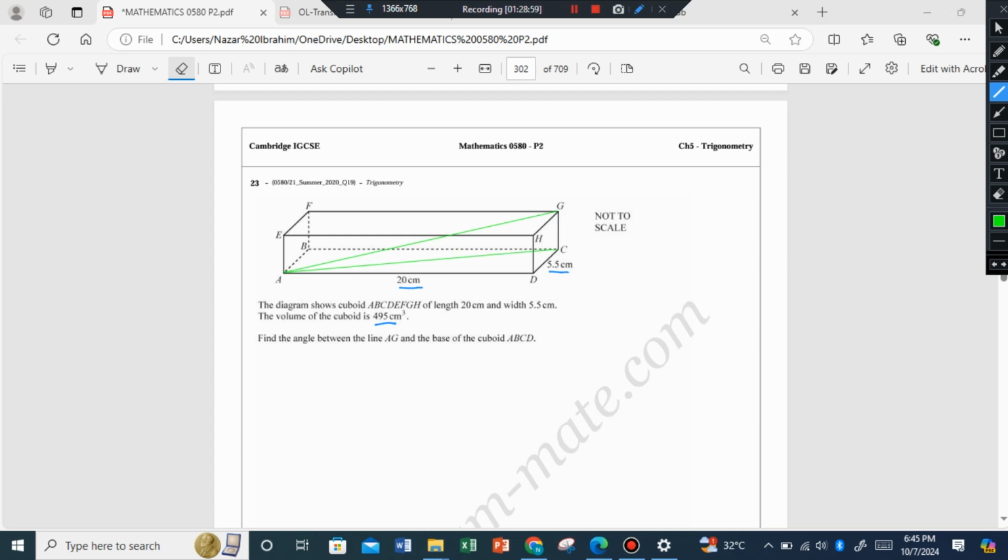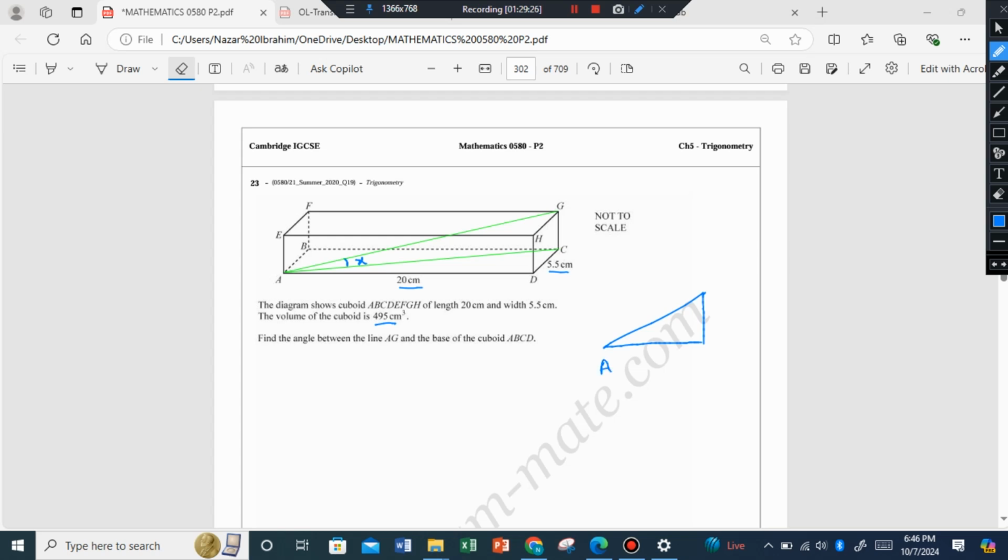So this is the triangle which we have to work upon. I have to calculate the angle between the line AG and the base of the cuboid. So this is the angle which I need to find out. I've shortened the triangle like this.